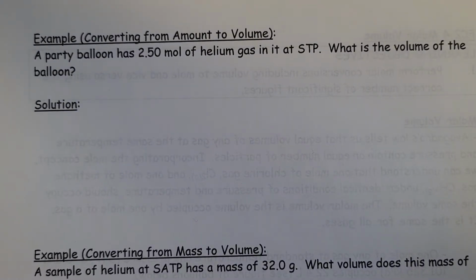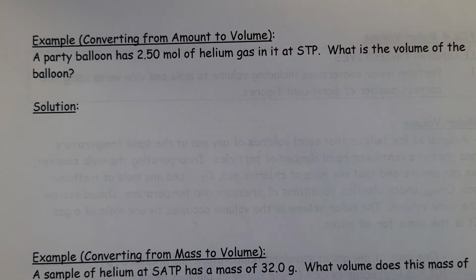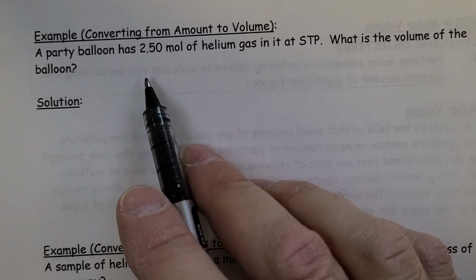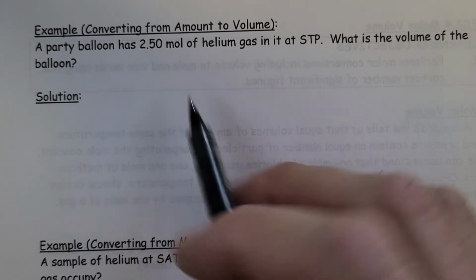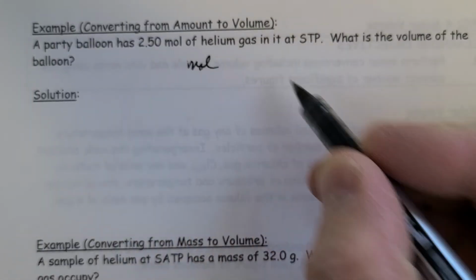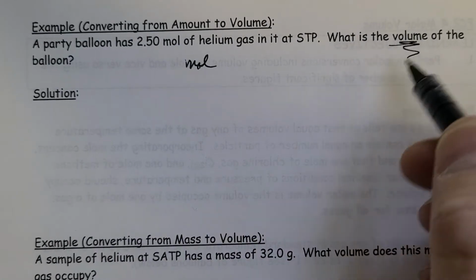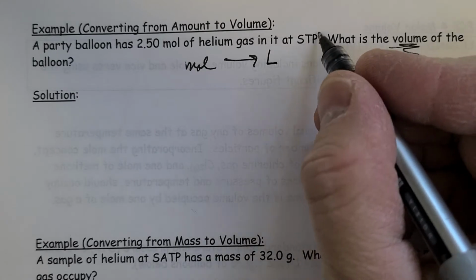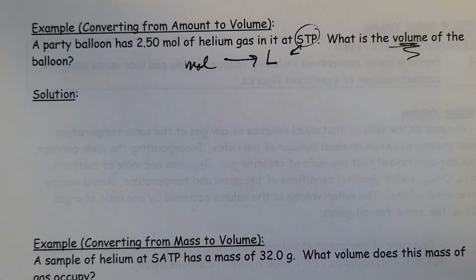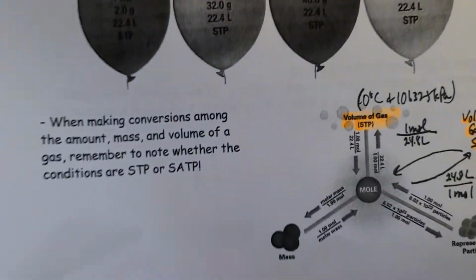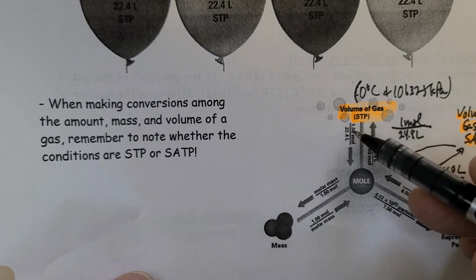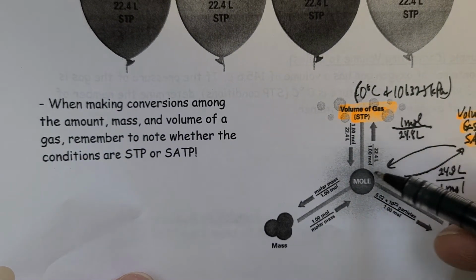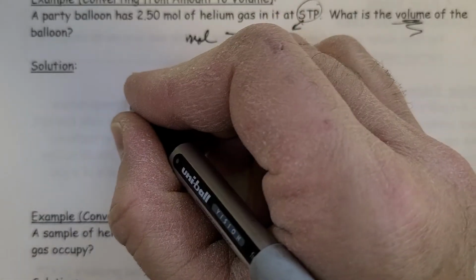All right, so on the flip side, we can look at a couple of examples. We'll see it's fairly straightforward. The key, of course, is to figure out what scenario we're dealing with. A party balloon has 2.5 moles of helium gas at STP. What's the volume? We're going to volume, which is in liters, and we're told we're doing it at STP. So we're going from moles to volume at STP, and we're going to multiply by 22.4 liters for every mole.